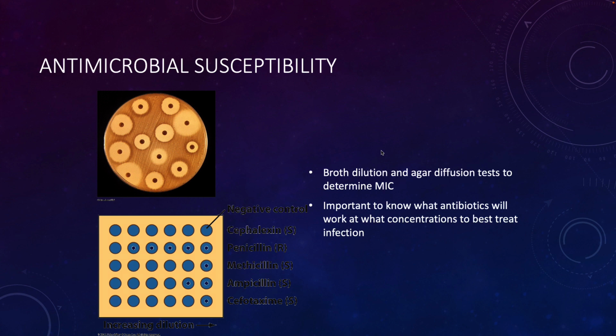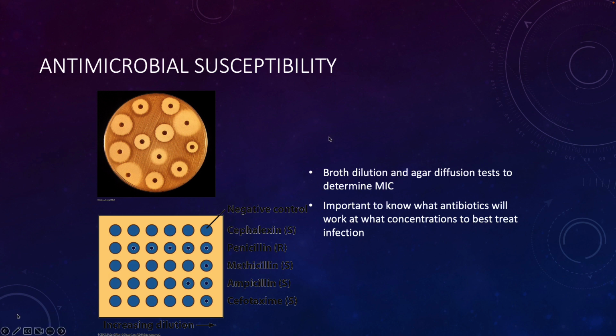So those of you who are looking to work on the clinical side, you will start doing things like antimicrobial susceptibility assays. When you took Bio 120, you almost certainly did some sort of antimicrobial susceptibility assay. It was most likely something that looked like this, and it's called an agar diffusion or disc diffusion or Kirby-Bauer assay.